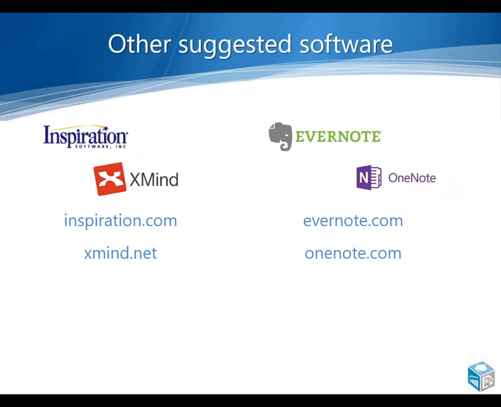Also got a couple of recommendations for online note-taking systems, both Evernote and OneNote. Now I personally use Evernote, so I'm going to use that as an example to explain what they do. Evernote's an online information storage tool.